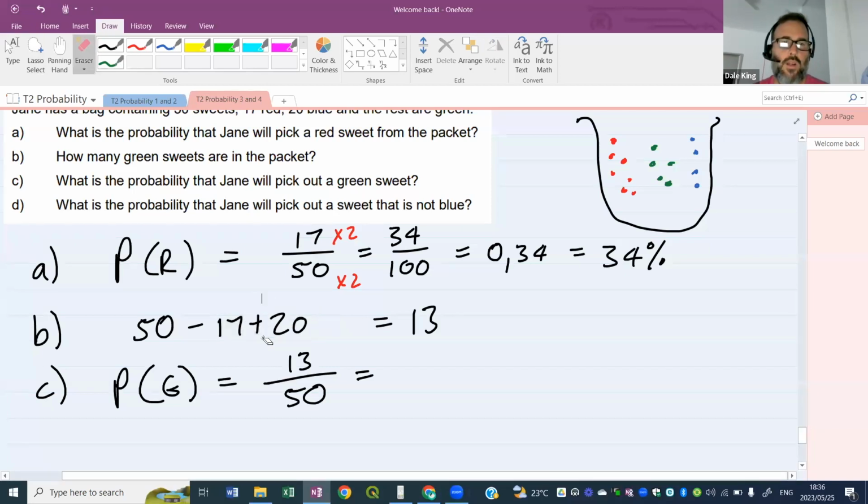I would have put a minus there. That's fine. If you're subtracting them both, that's fine. It'll work. So you must make sure that you subtract them both. I like to use brackets. I'm a big fan of brackets. You don't have to use brackets as long as you subtract them both off the 50. That's fine.